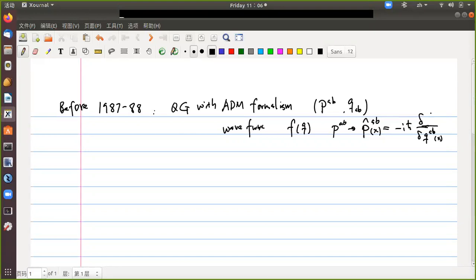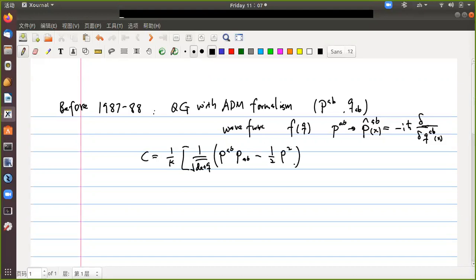Your Hamiltonian constraint in ADM formalism is 1 over kappa, square root of determinant Q, times P^{AB}P_{AB} minus 1/2 P squared.